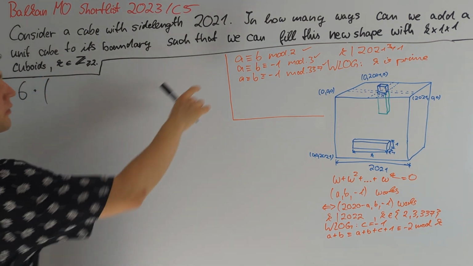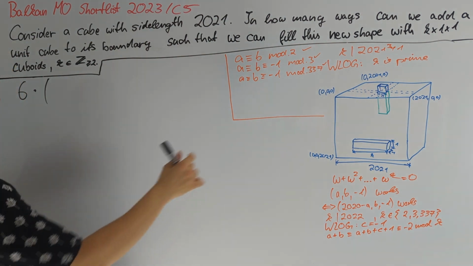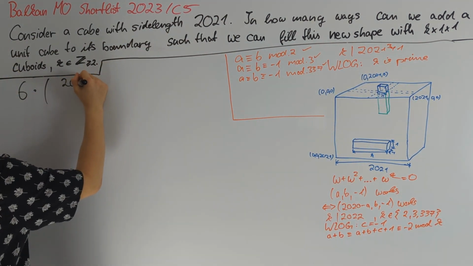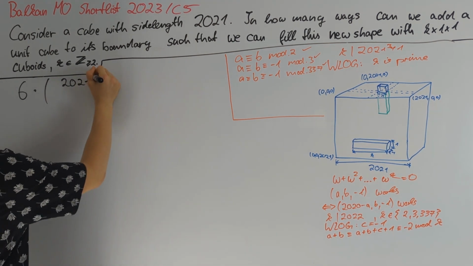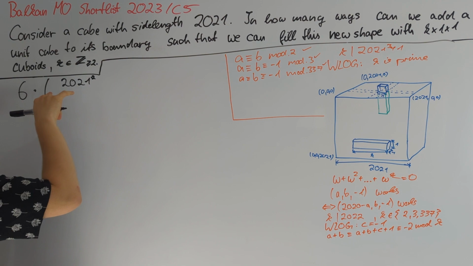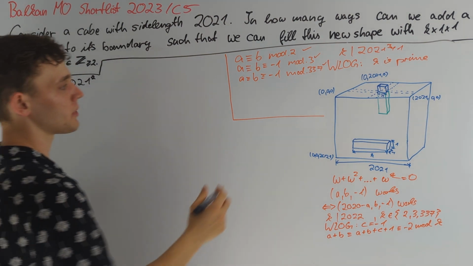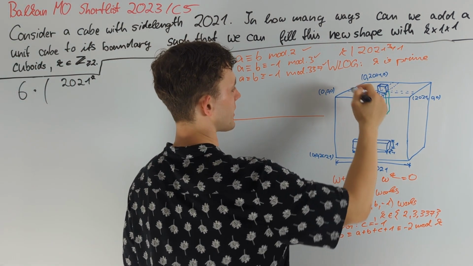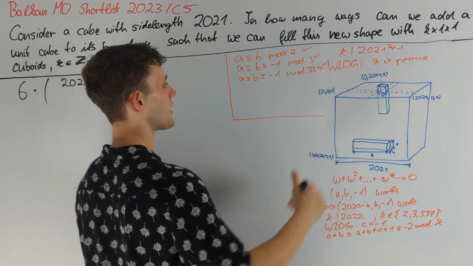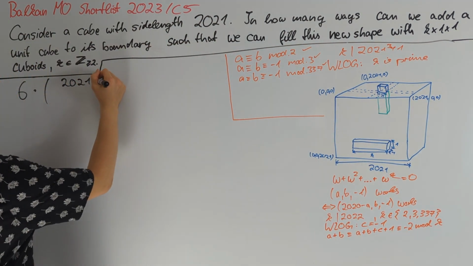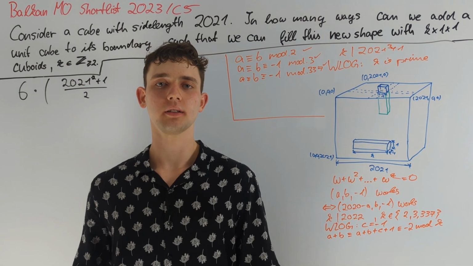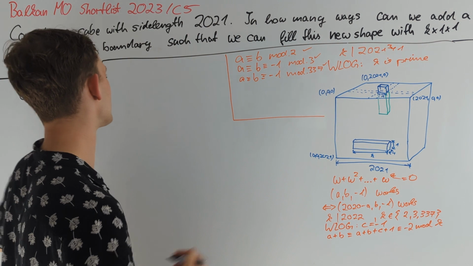Now, for our first case, we get 2021 squared divided by 2 tuples, but this would only be true if 2021 were even. But we have an odd side length square where if we go right in the corner, we get a solution, and therefore we get 2021 squared plus 1 divided by 2. We again cover the remaining 2 cases in one go.